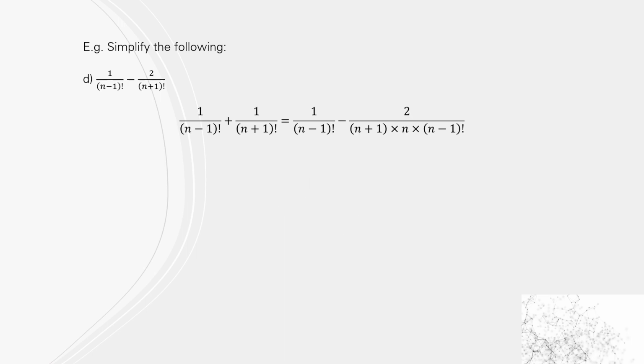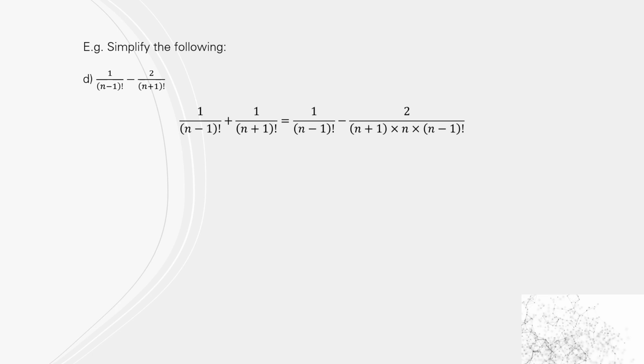And for our final example, we've got 1 over n minus 1 factorial minus 2 over n plus 1 factorial. So expand the largest factorial, which is the second fraction. And so you get n plus 1 times n times n minus 1 factorial. Now we need a common denominator.